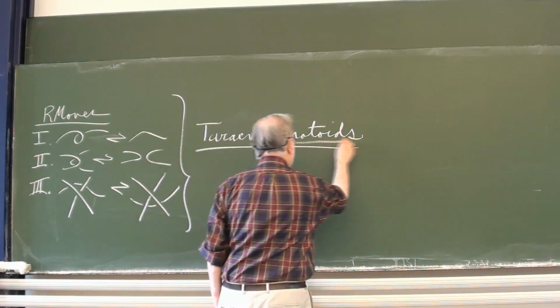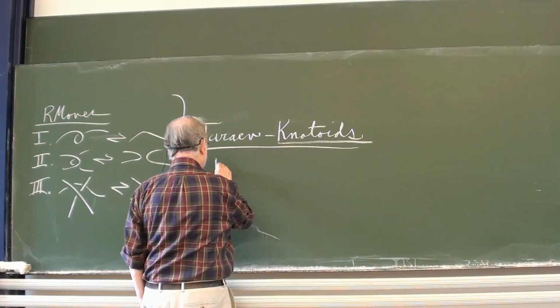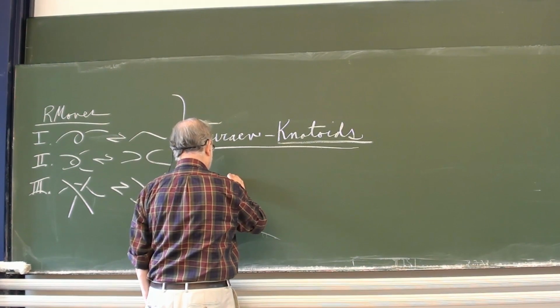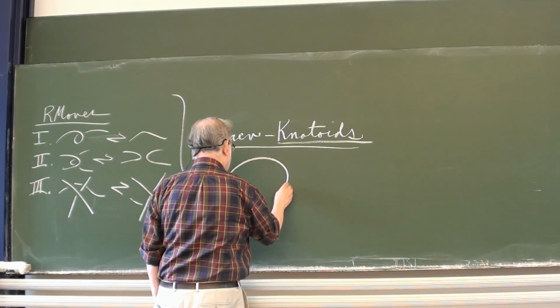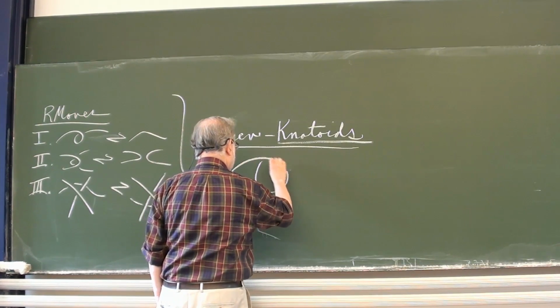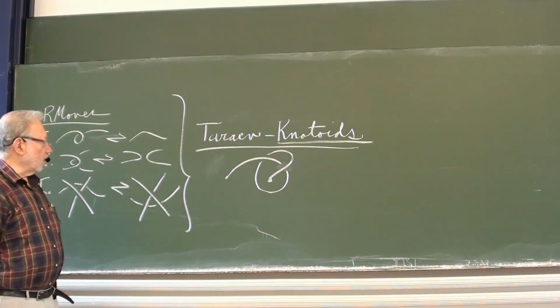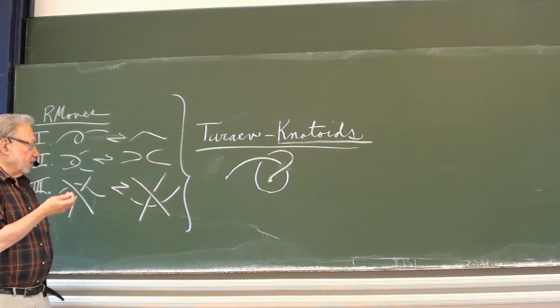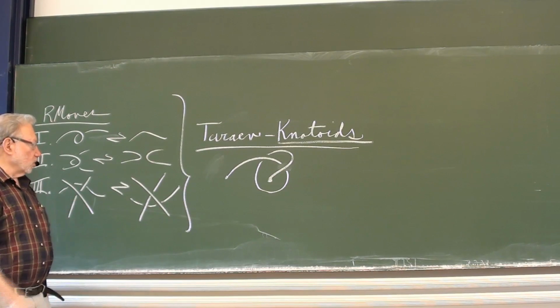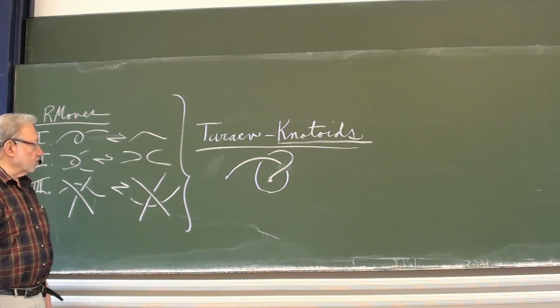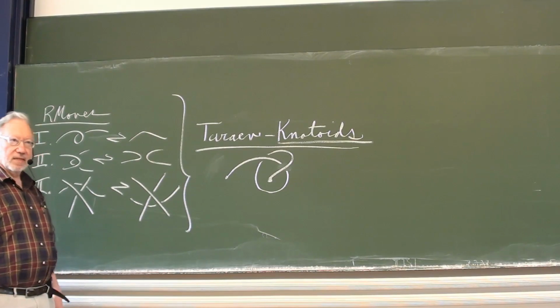A knotoid diagram is a knot diagram, perhaps like this, where at the beginning you have one arc, but you could have more than one arc, and the arcs have endpoints, and the endpoints could be in any regions, possibly separated like they are here.